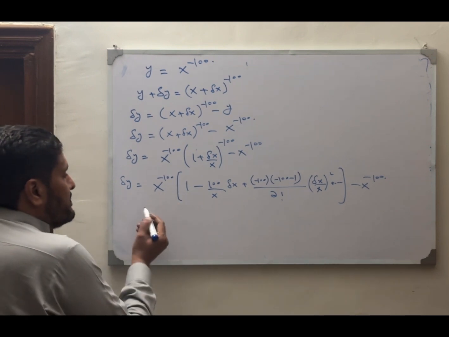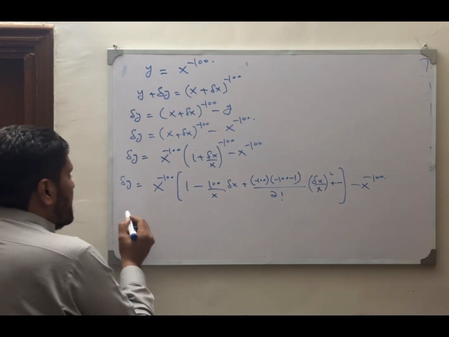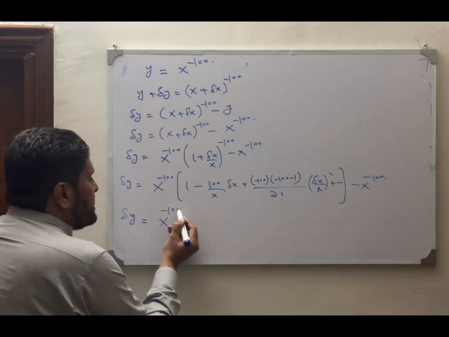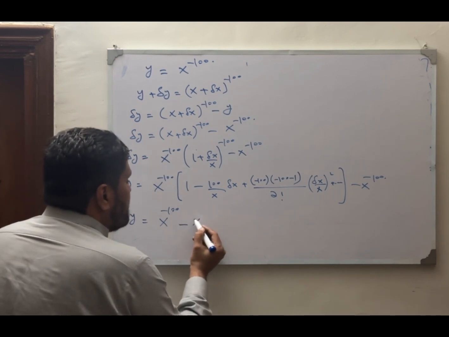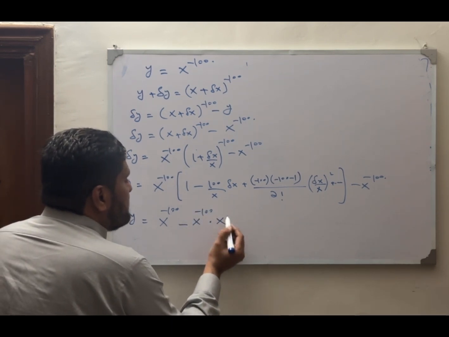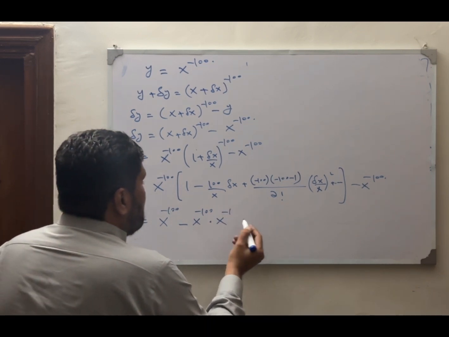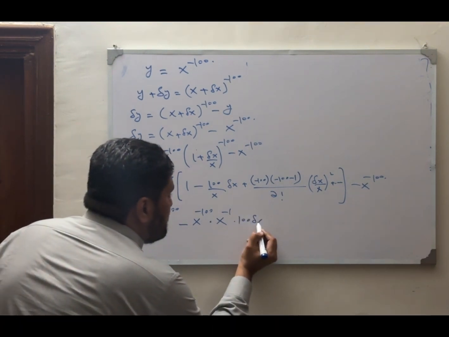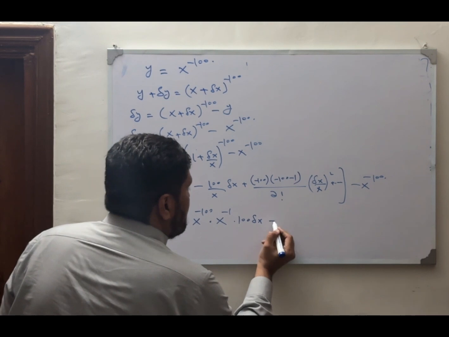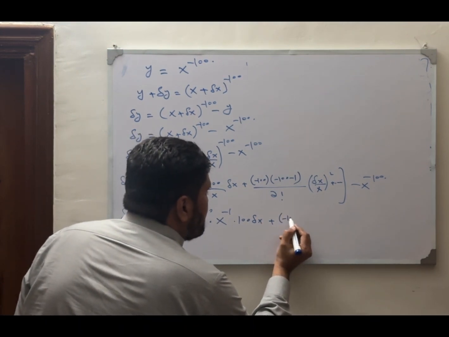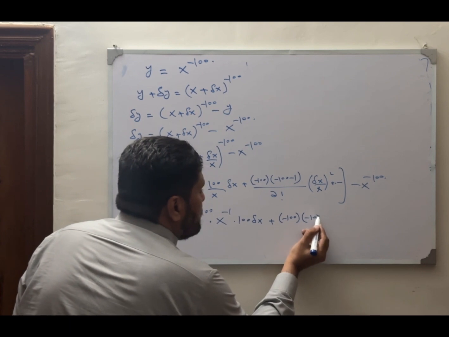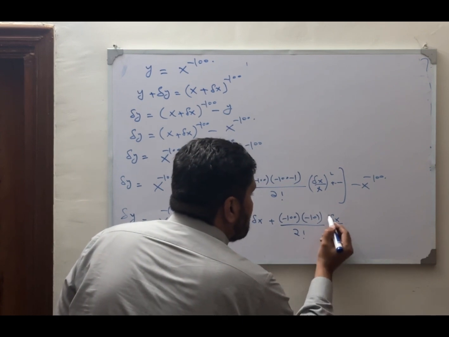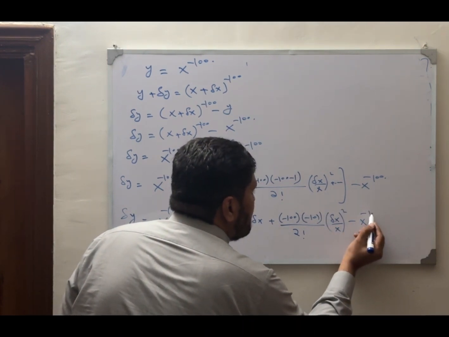So multiplying this x power minus 100 with these terms, delta y is equal to x power minus 100 into 1, that will become x power minus 100, minus x power minus 100 into 100 into delta x by x, plus this term, minus 100 into minus 101 divided by 2 factorial into (delta x by x) whole square, minus x power minus 100.